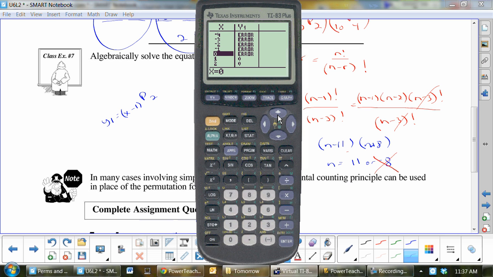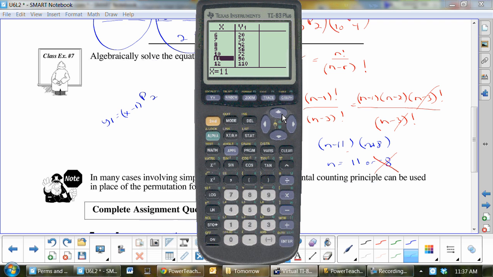So that would give me minus 1 over there. And then these don't work. You can't have your group size bigger, so when it's 3, it's 2P2, and you get two choices. But you just cruise along till you see the answer 90, which is n equals 11, or x equals 11.